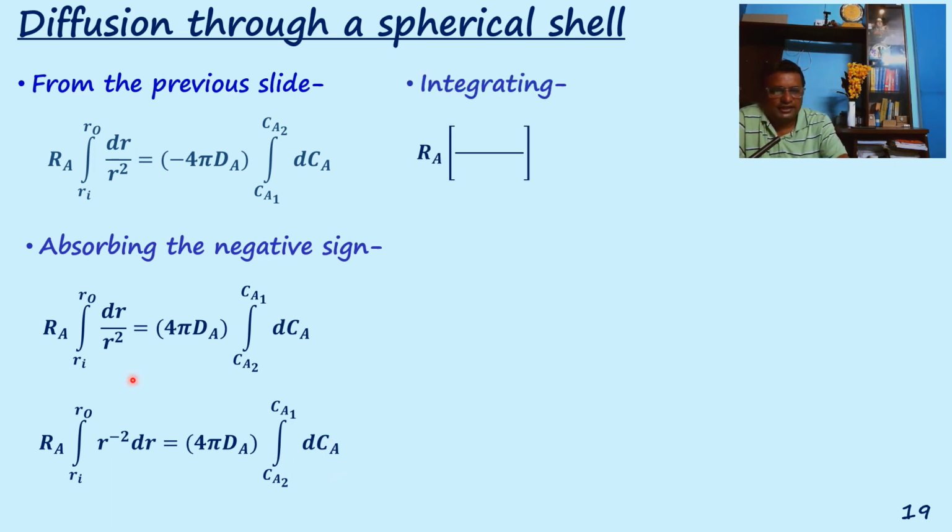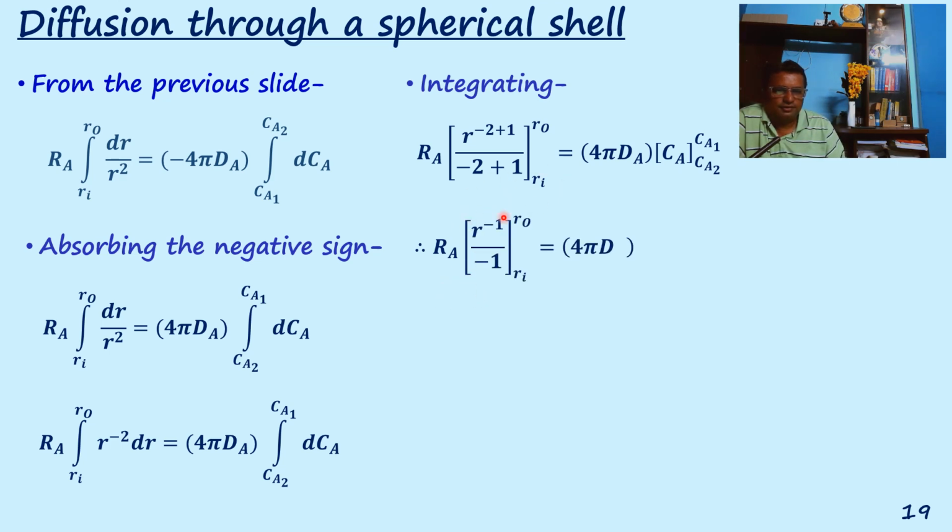So on the left hand side, integration of r raised to minus 2 is r raised to minus 2 plus 1 divided by minus 2 plus 1, and the limits are from Ri to R0, that is equal to 4 pi dA. Integration of dCA is Ca, so it will be Ca with limits from Ca2 to Ca1.